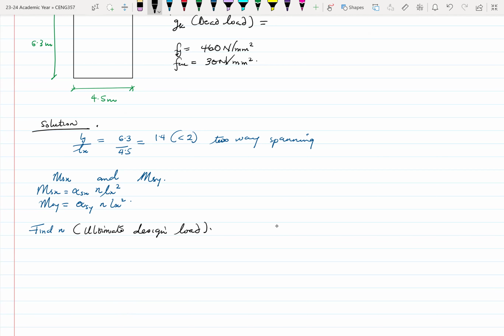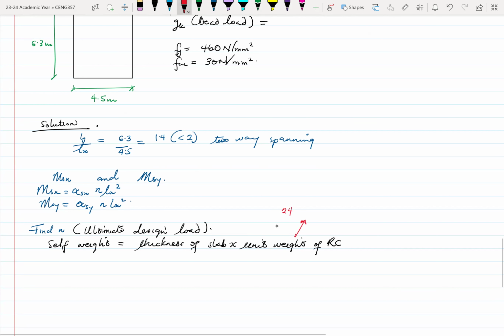So let's find the self weight. The self weight is equal to the thickness of the slab times the unit weight of reinforced concrete. Normally the unit weight of concrete, using the BS code, is 24 kilonewtons per meter cubed.